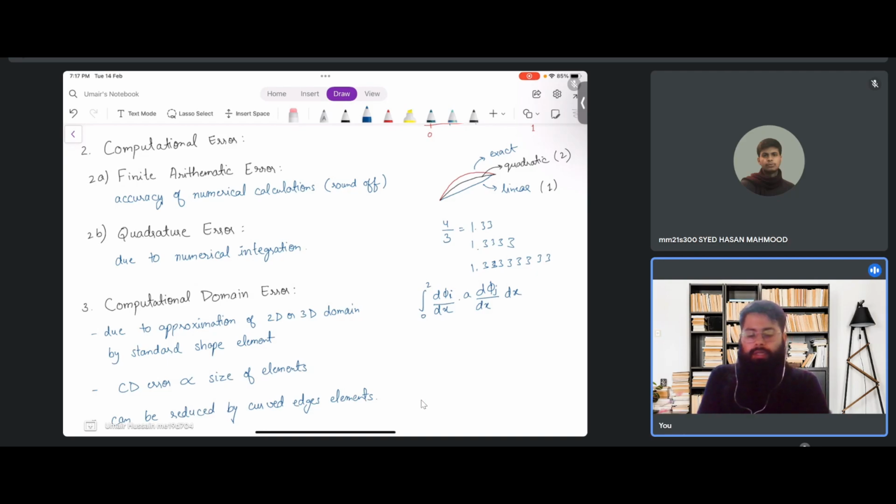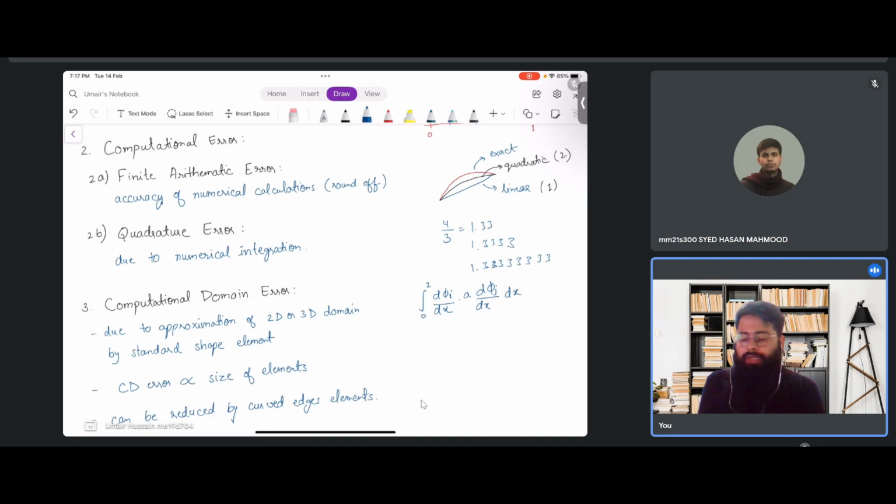So you need to solve the integration, and if you have to do it yourself, and if the phi functions are simple polynomials, it's very easy to do. But if you have to do it using a computer, or the integrand coming here is a difficult one, then we can't do it analytically as we do.